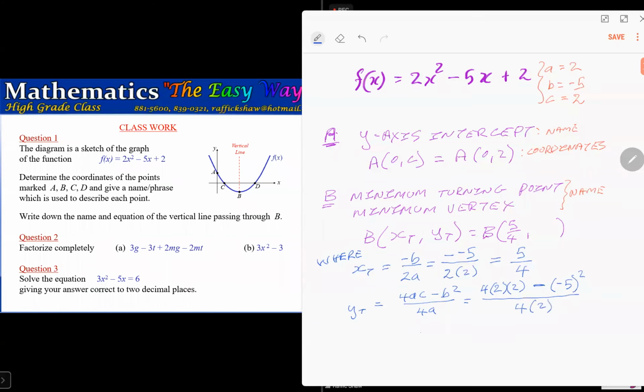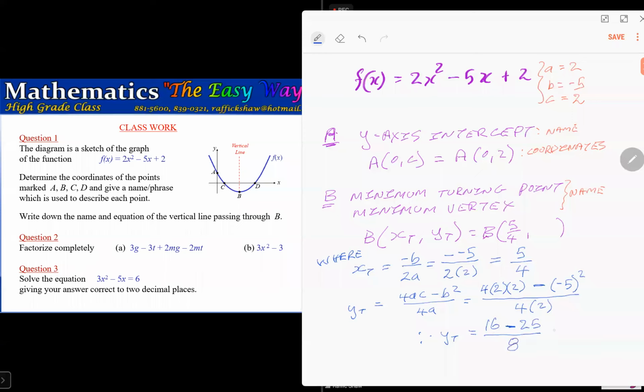All right, so we can say therefore the yt value that we need becomes 4 times 2 is 8 times 2 is 16. All right, so that is 16 minus, and this is now 5, negative 5 squared is 25. Now this minus is this one. And then the negative 5 squared becomes positive 25. And you divide that now by 4 times 2 is 8.